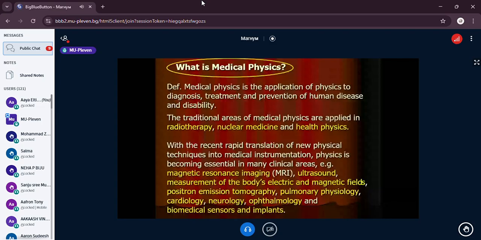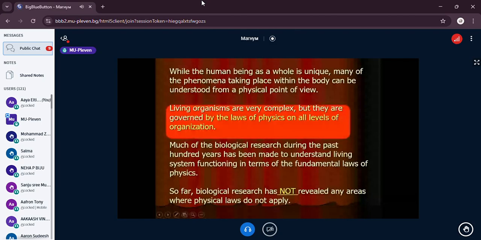And in this slide, the aim is to tell you that all the processes that occur within a living system can be quantified using physical tools.